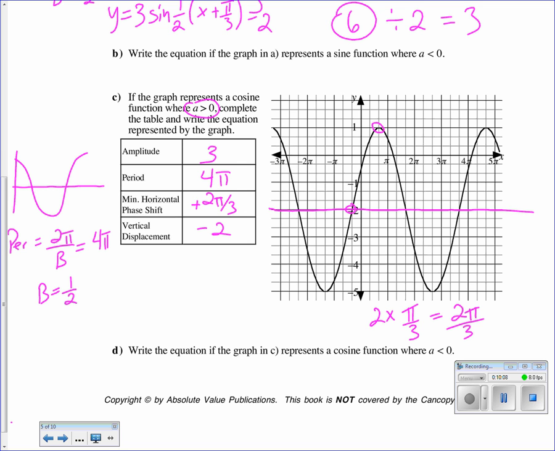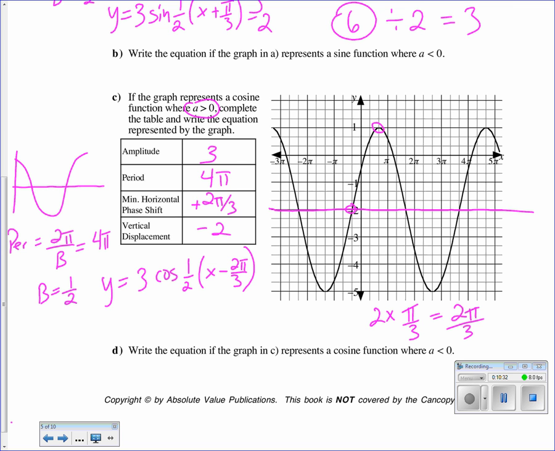And now I get to create my equation. y equals 3 times the cosine of b, which is a half, times x minus 2 pi over 3.